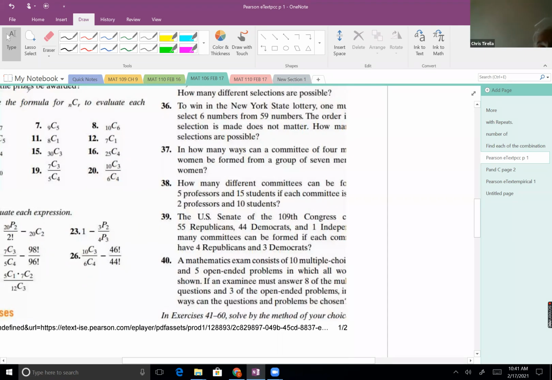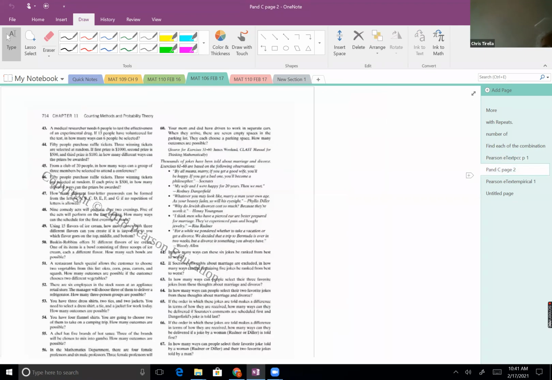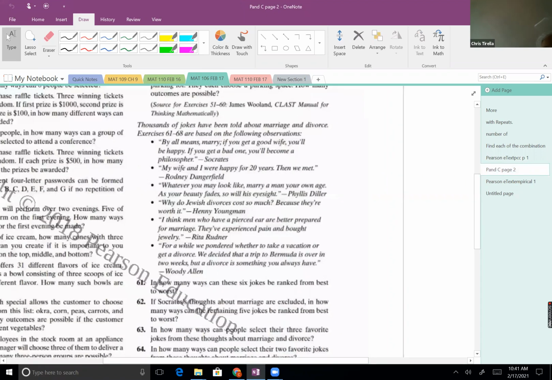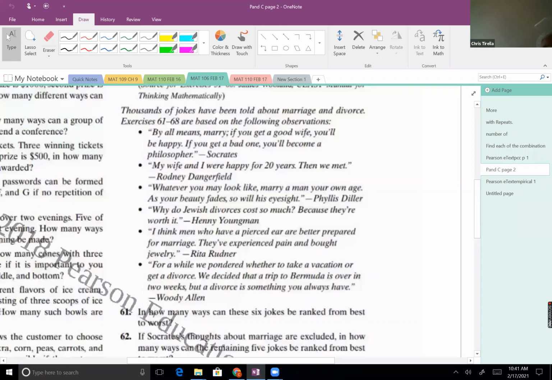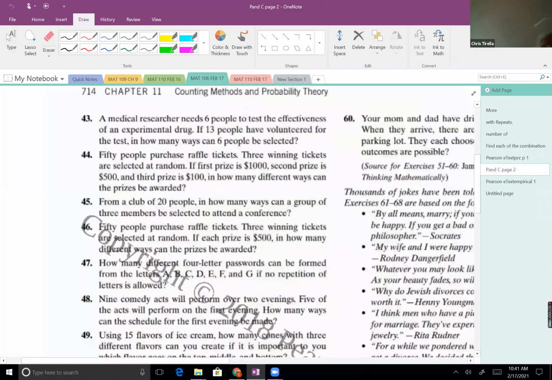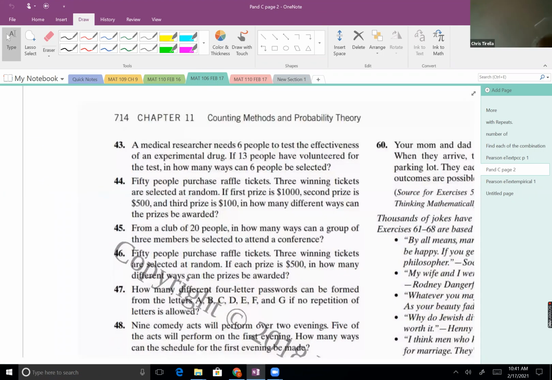So let's just go on to that second page. And this one is not cut off. And so here, the directions say you have to decide whether it's a permutation or a combination and do the correct one. 43 was like the first one we did. 44 we looked at already.